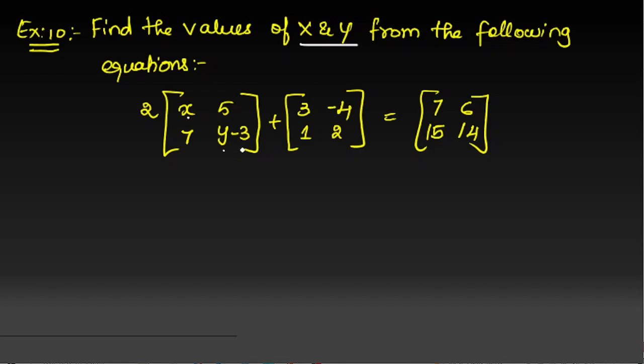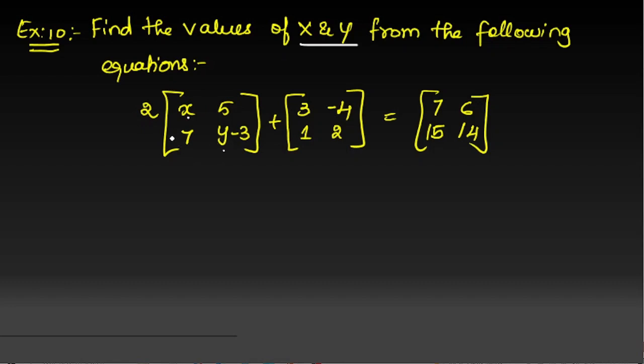After addition of two matrices, you have to equate the two matrices with the help of equality of matrices. In first exercise we studied, when two matrices are equal, the corresponding terms will be equal. That concept you have to use. So three concepts you are using to find the answer here. Clear?